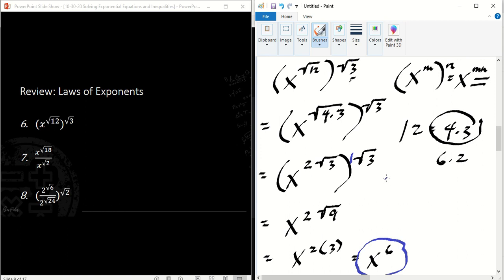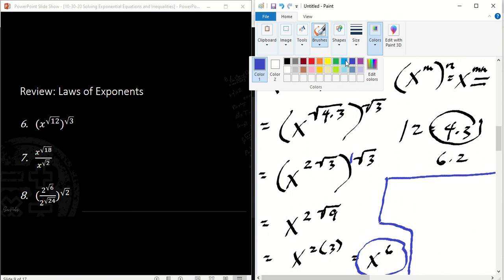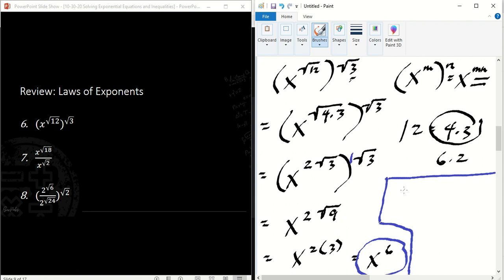Okay? Or, pwede rin pala, yun nga. Tingnan ko kasi, kinumpare ko. Akala ko hindi pwede. So, pwede rin palang mangyari na, another solution. So, we have x to the square root of 12, raised to the square root of 3. So, pwede palang directly multiply.